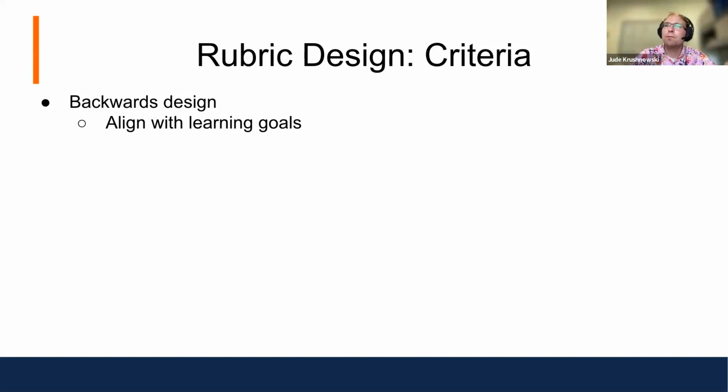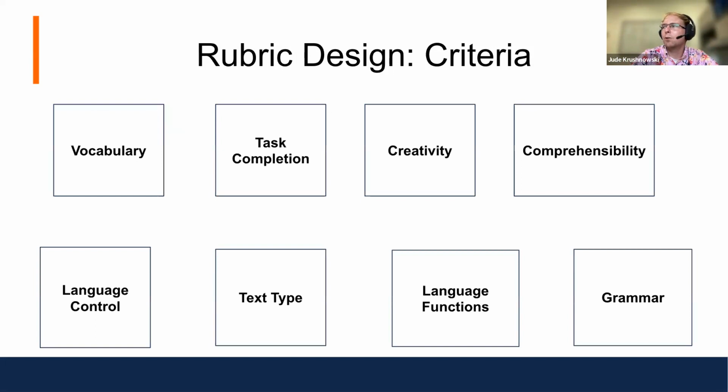So we want to be very mindful about the criteria that we're choosing. If we take a look at, for example, the criteria here, when we think about teaching for proficiency, is there any particular criterion that sticks out to us as maybe something that gives us pause as we take a look at this list of criteria?